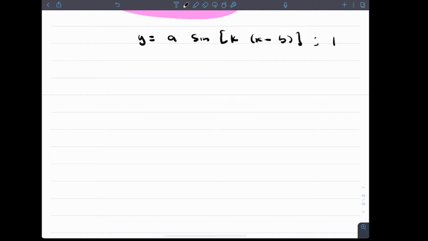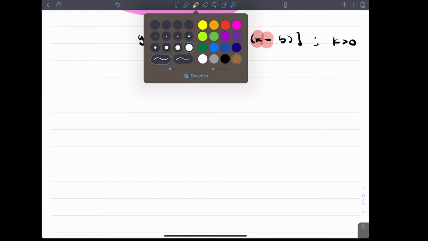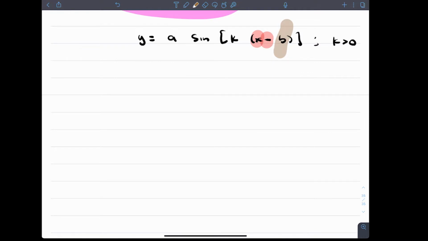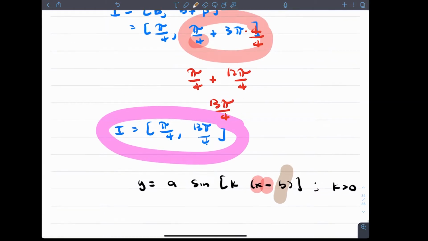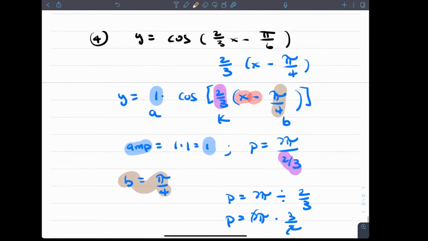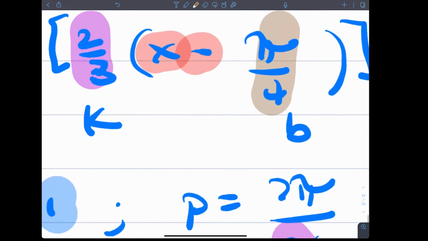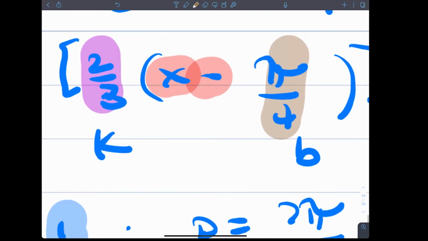Where you say, oh, that K has to be positive. B can be negative. So here's the detail that people overlook. This is X minus. So whatever comes after that minus sign is the phase shift. So in this case here, what came after the minus sign? What's that B value? Pi over 4.